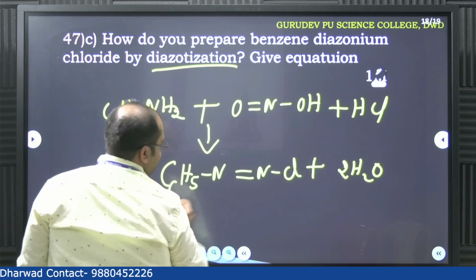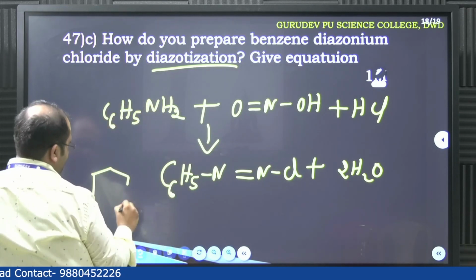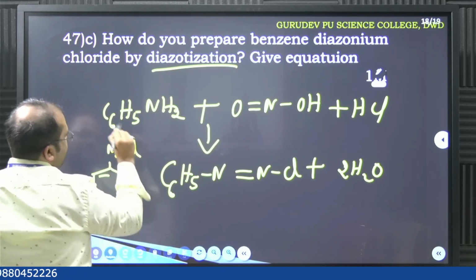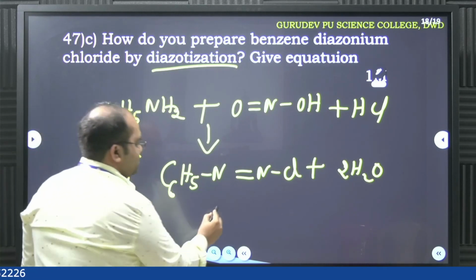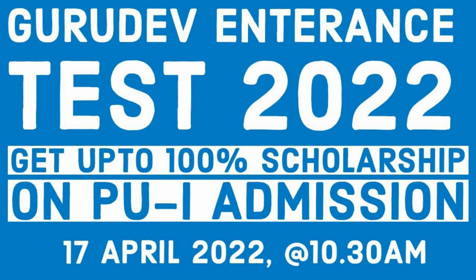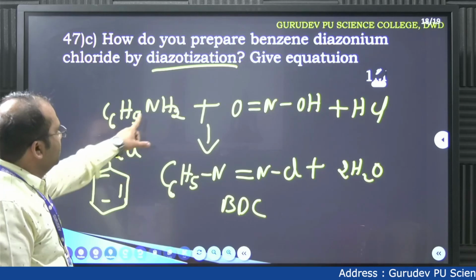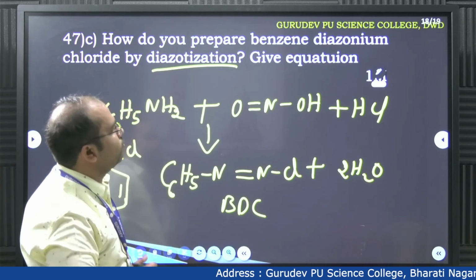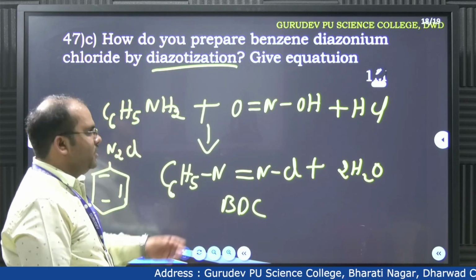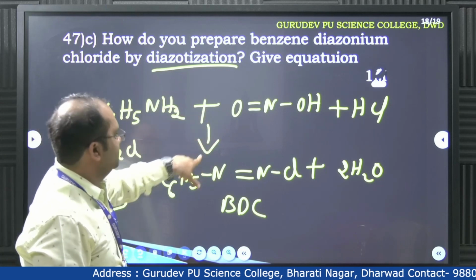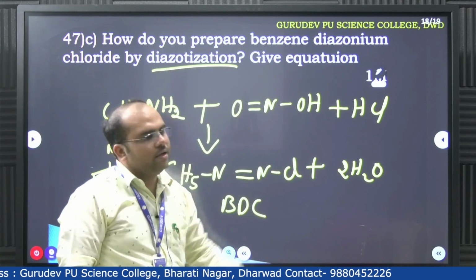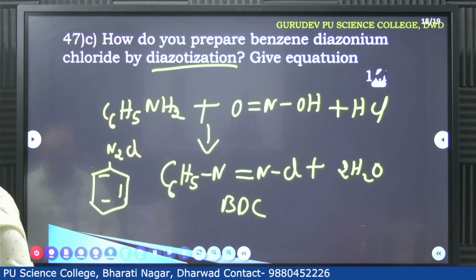That is benzene diazonium chloride, which we can call BDC. The benzene diazonium chloride is formed by the addition of HCl in the presence of nitrous acid, with the removal of water molecules.